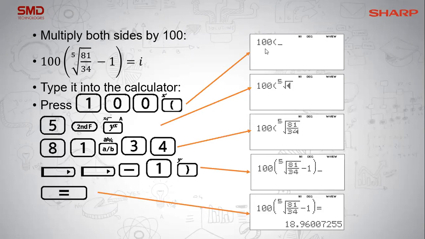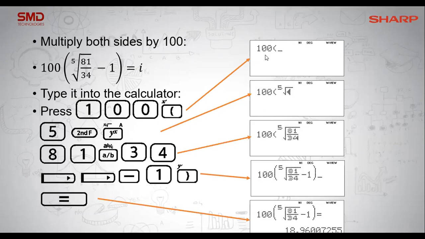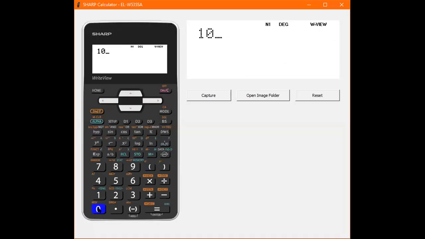So let me just do it now so you can see it. So we have 100, open brackets. Now to get something with root 5, we first press the root and then we say second function and my exponent button. You'll see in orange above it, it says x root. Okay, so it's just saying whatever root you would like. And then we're going to say 81 over 34.